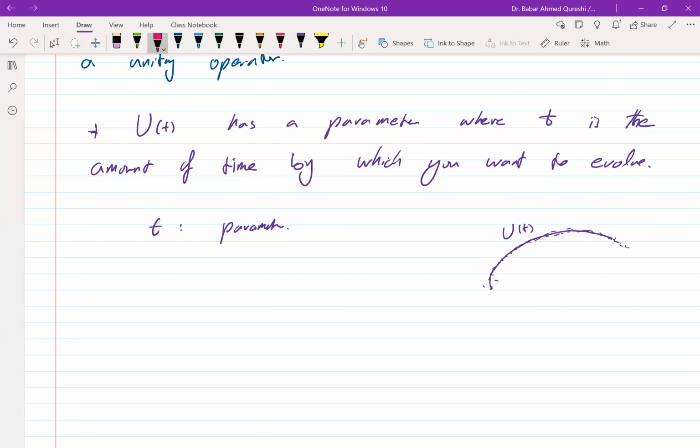Now from here, you can say that suppose we consider evolution for a very small time, infinitesimal amount of time.